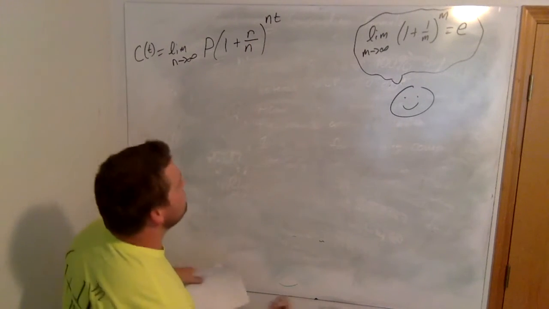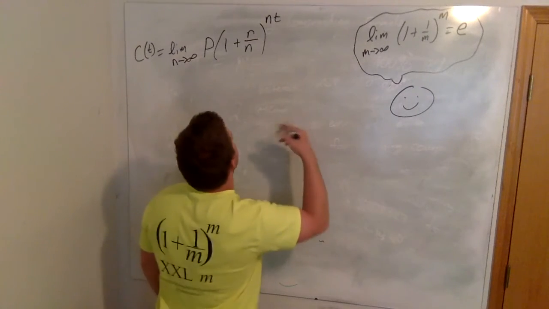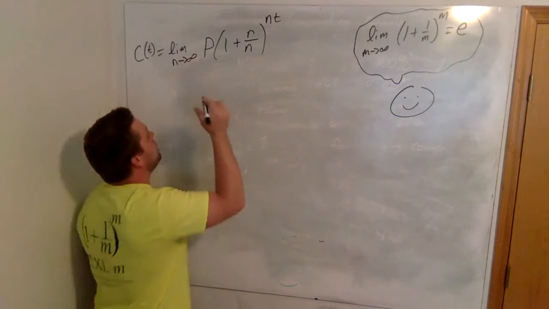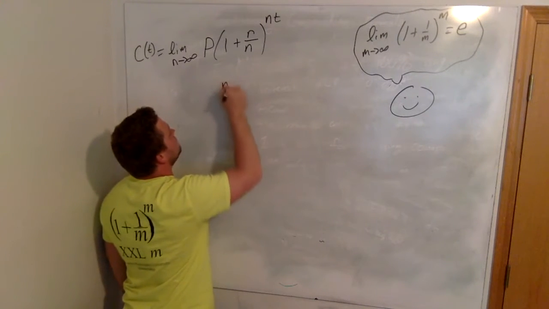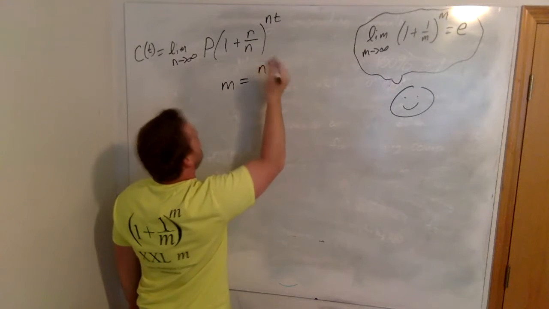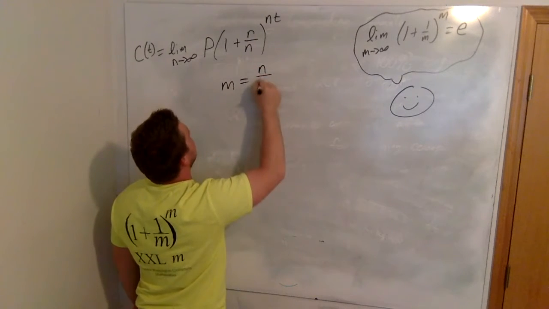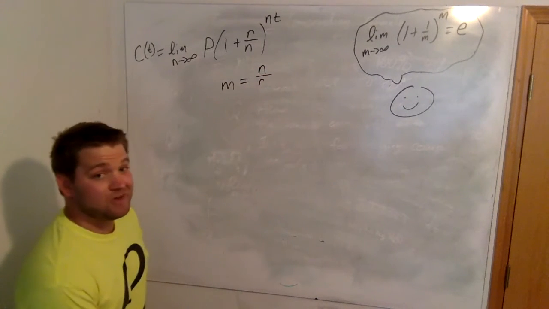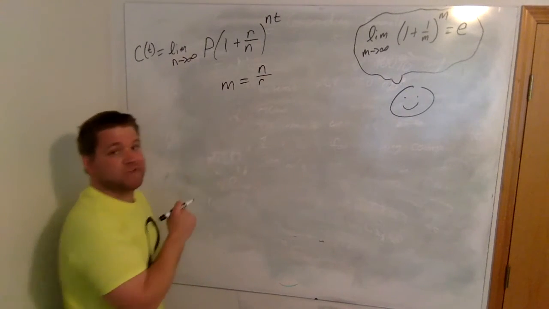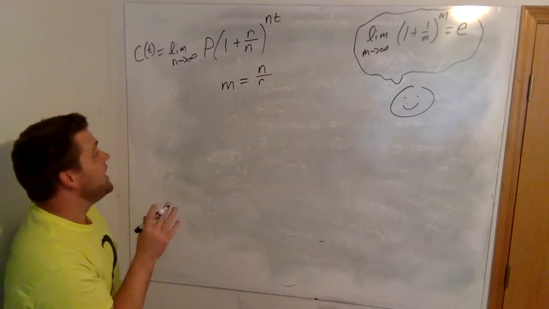Okay, well, let's just define a new number. We're going to call it m. Let's let m be the number of compounding periods divided by your interest rate. So if you know how many times you're compounding and you know your interest rate, you divide the two. That's what I'm calling m here. Why did I define m this way?